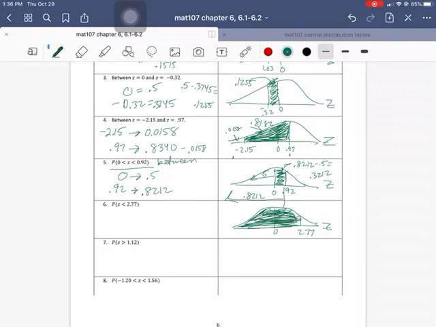Remember, from 0 this way is 0.5, and you add almost another whole half. So less than is to the left, and you go to the positive table, and you go down to the 2.7, and you go over to the 0.07, and you're going to get 0.9972. That seems reasonable.